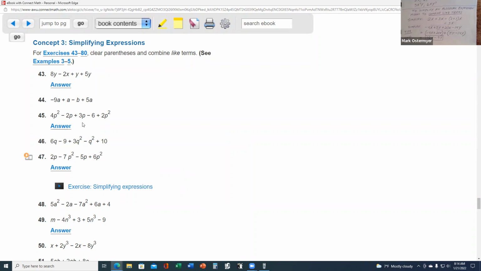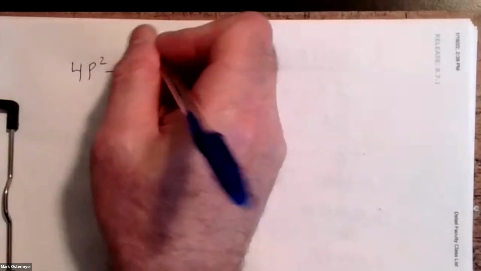They want us to simplify this algebraic expression by combining like terms. So I'm going to write that expression down on my paper. 4p squared minus 2p plus 3p minus 6 plus 2p squared. So this is the expression that we're going to try to simplify.